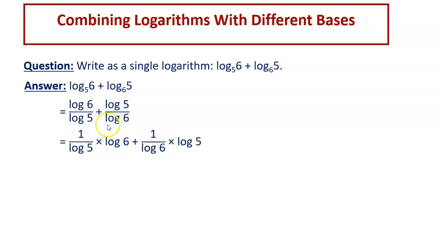And if we just take the LCM, it will be log of 5 times log of 6, and this will be log of 6 whole square plus log of 5 whole square. Doesn't really help. So what we do is we separate them so that this becomes the coefficient of log of 6, and this 1 over log of 6 becomes the coefficient of log of 5.